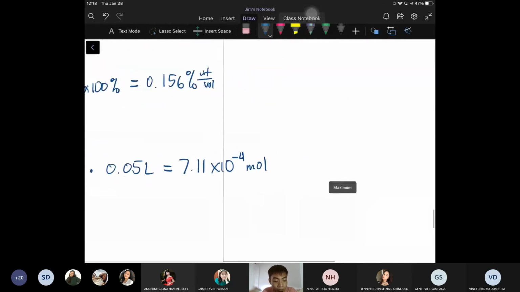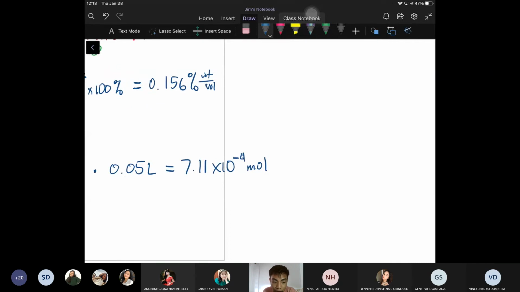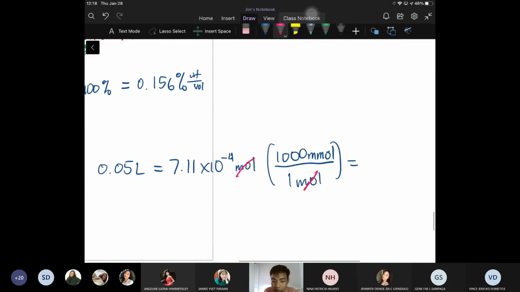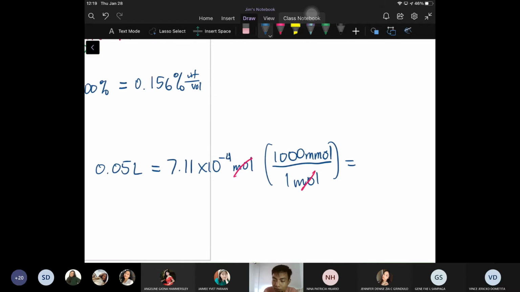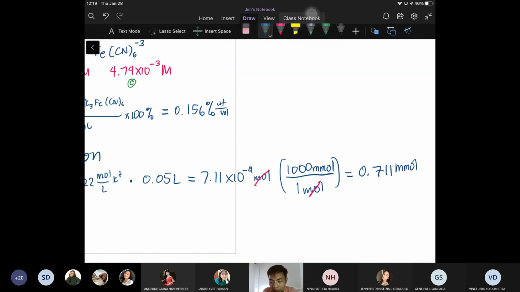However, since the problem asks for millimoles and we only have moles, we have to convert. What is the conversion of millimole to mole? Guess: 1,000. 1 mole is equivalent to 1,000 millimoles. Cancel the mole and you are left with millimole, so just multiply by 1,000. The final answer is 0.711 millimole.